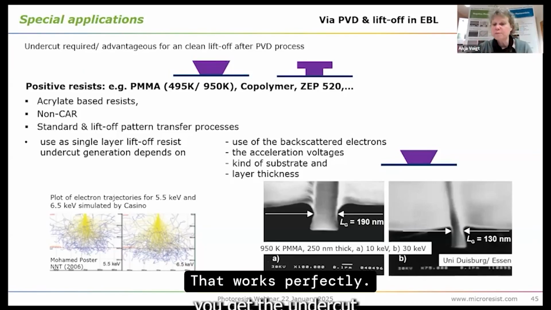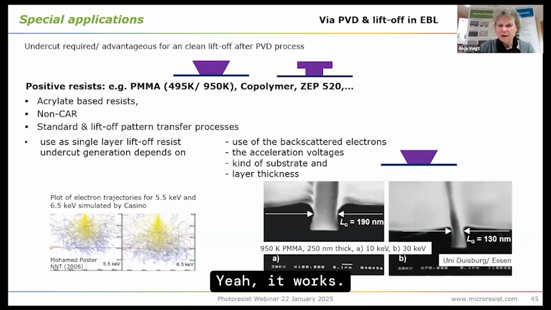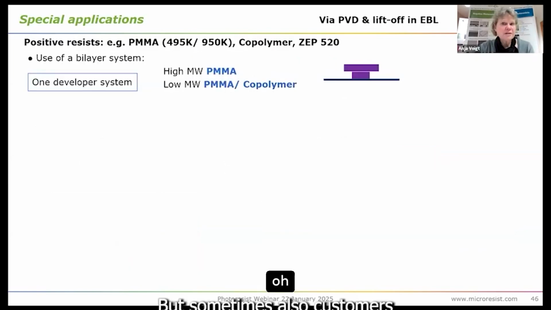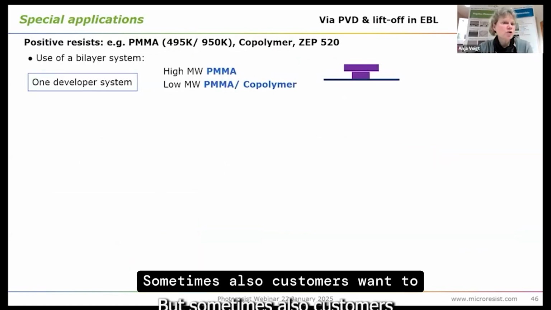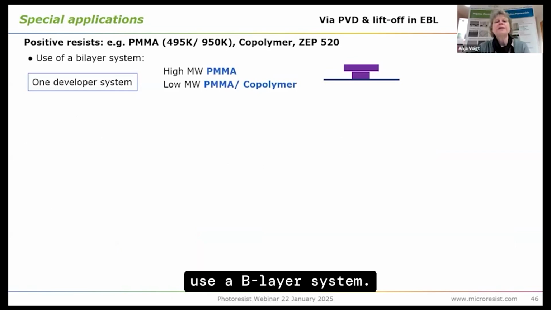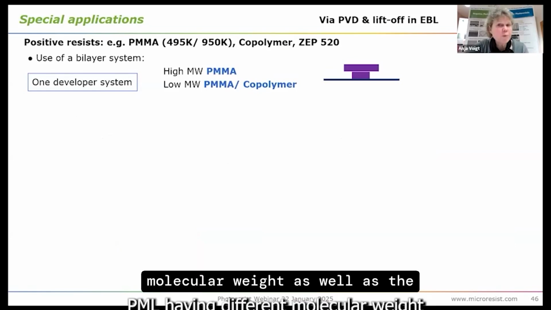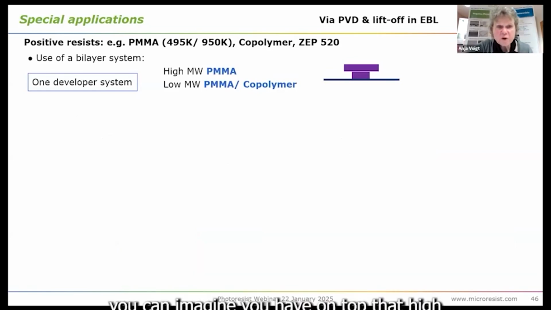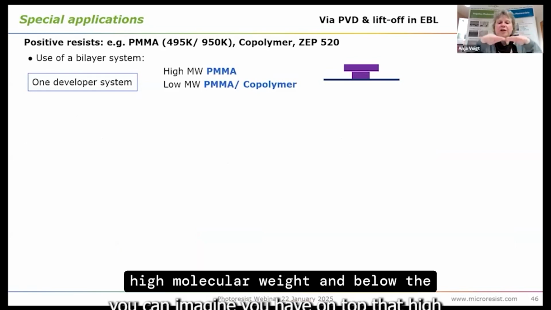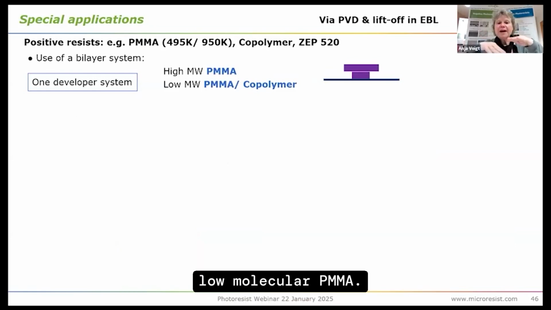That works perfectly. But sometimes customers also want to use a bilayer system. And that's also possible. That's why PMMA having different molecular weights as well as the copolymers are available. You can imagine you have the high molecular weight on top and the low molecular weight PMMA below.